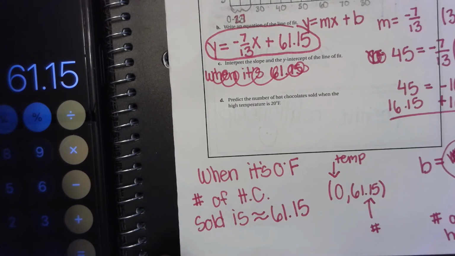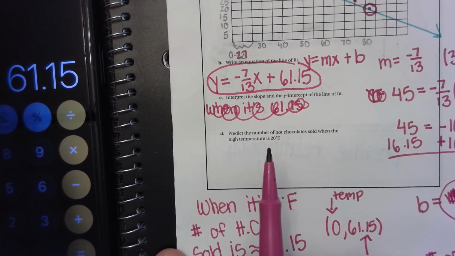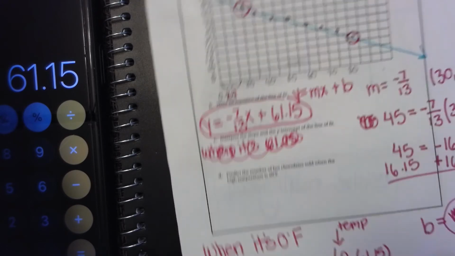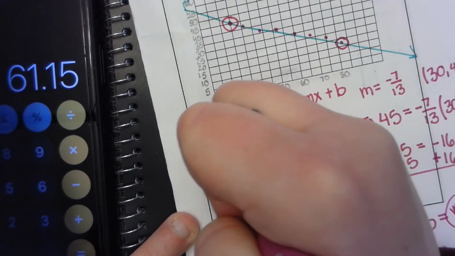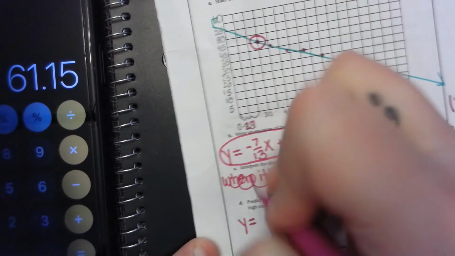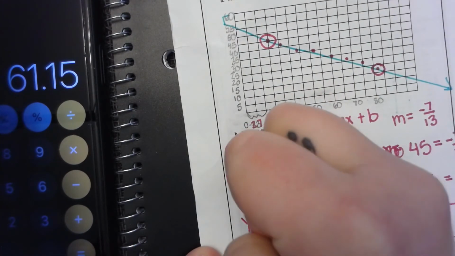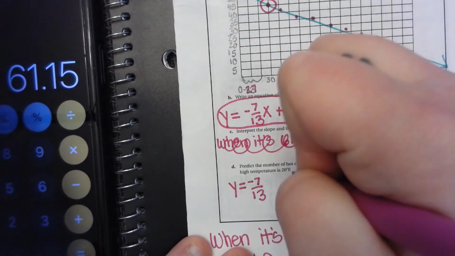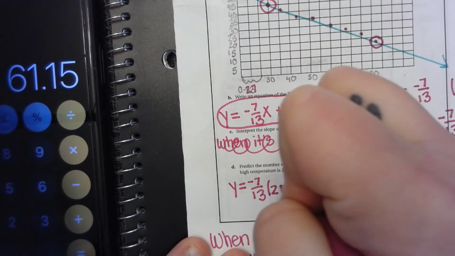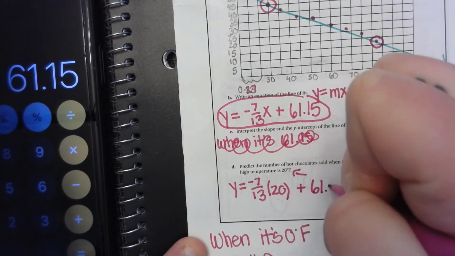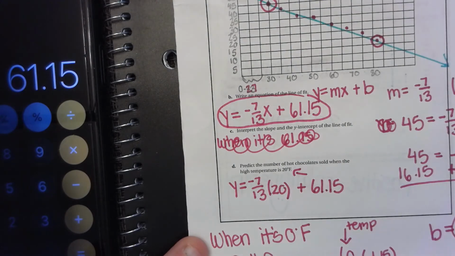Now it says predict the number of hot chocolates sold when the temperature is 20 degrees. So I have my equation of y equals, and I'm going to keep my negative 7/13, and then my x is my temperature, so that would be 20, plus my y-intercept, which is 61 and 15 hundredths.